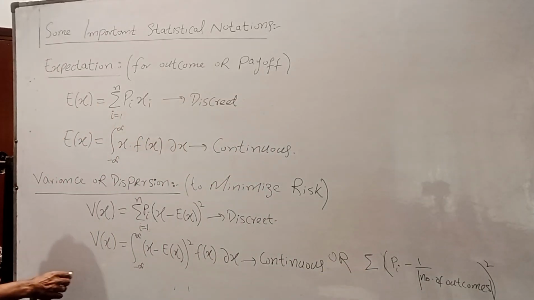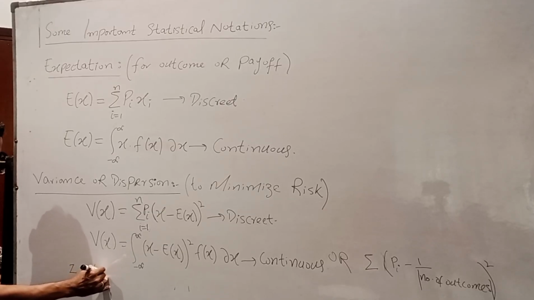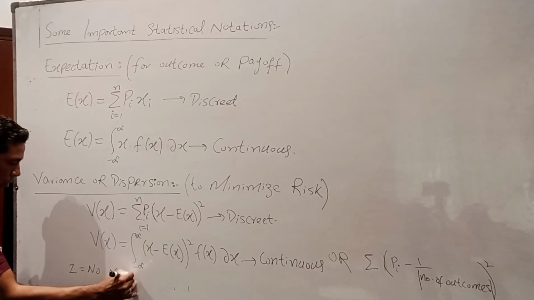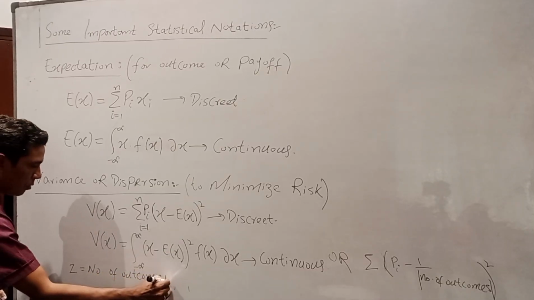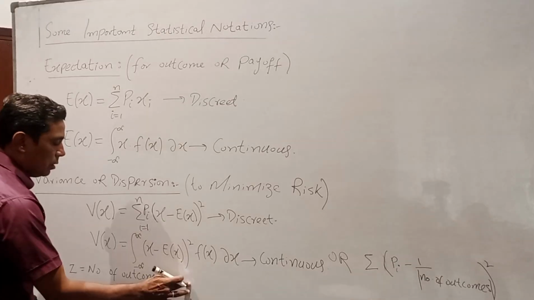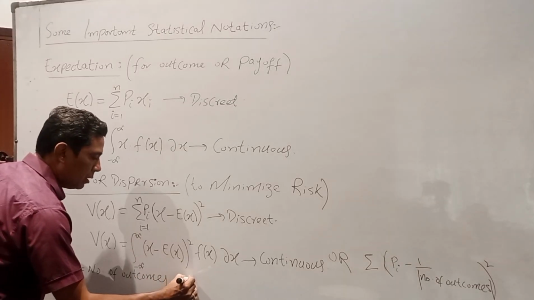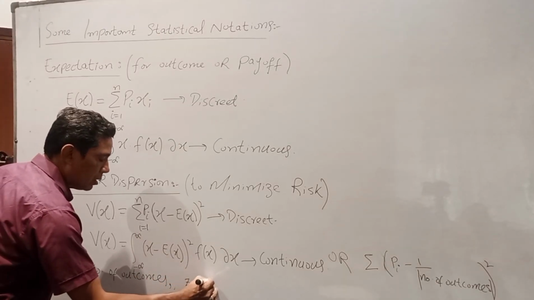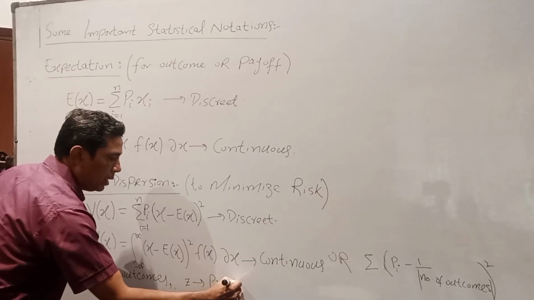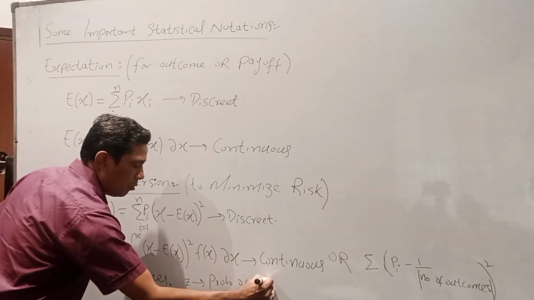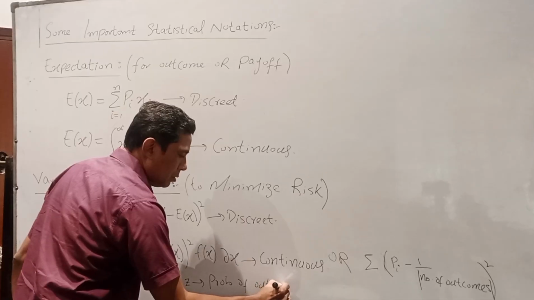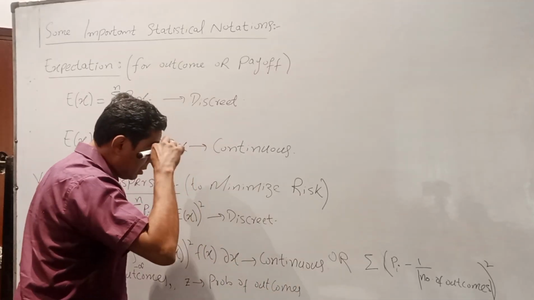Or, for example, in the previous case, we defined Z as the number of outcomes and small z represents the probability of outcomes, right?